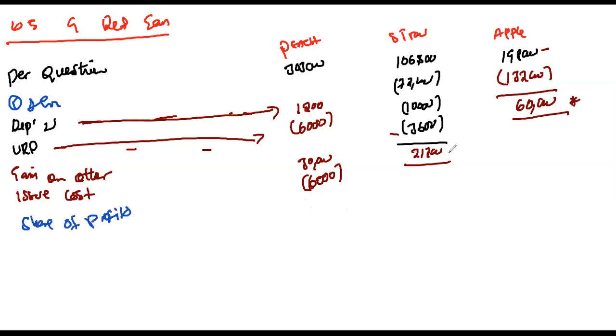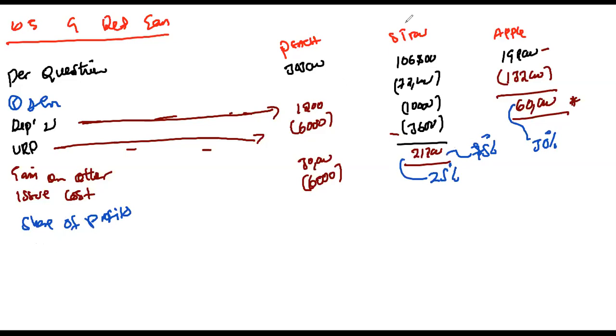The parent is going to get 75%, and the NCI is 25%. For the associate, the parent controls 30%. So share of profits.